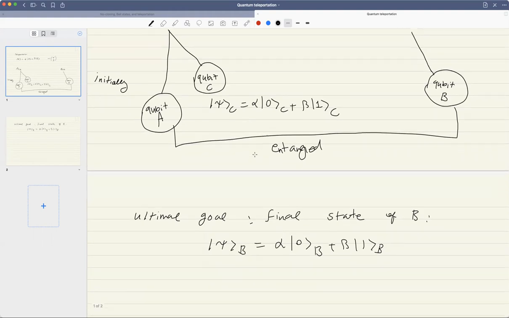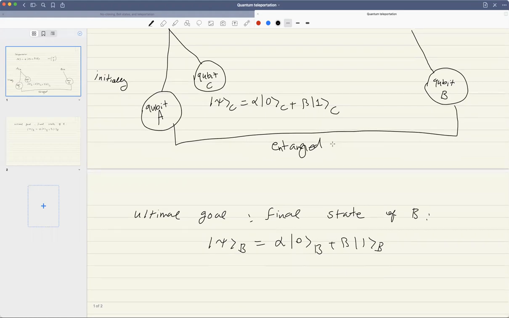Well, let's pick an entangled state here. So I start with this particular entangled state. Let's call it psi AB. We just pick one of the Bell states. We pick the first Bell state.